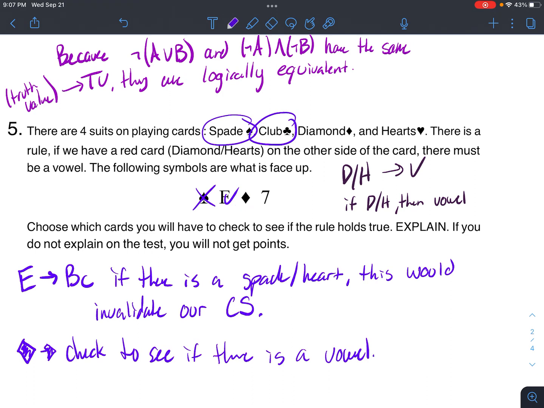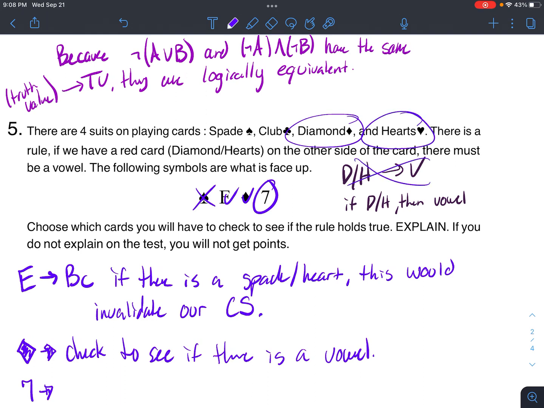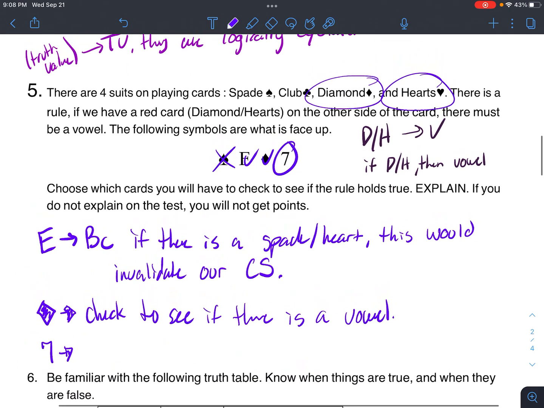And then lastly, the 7. So would we have to check the 7? You think about it, and you'd be like, oh, 7 doesn't have to do with anything. But with the E, it's the same line of thinking. If I flip over that 7, what would invalidate my statement? If I flip over that 7, and there is a diamond or heart, essentially a red card, then that would break this.